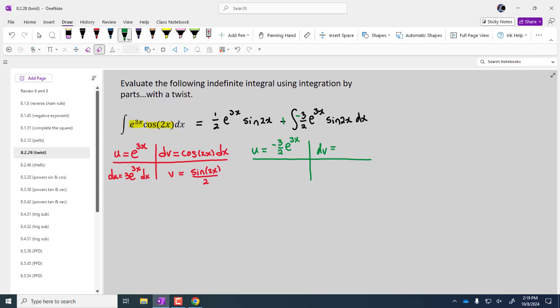So dv is the other part of the integrand, so we're going to use sine 2x dx for dv. We'll differentiate over here to get du. So that will be minus 9/2 e to the 3x dx. And we integrate over here, so we'll get minus cosine 2x divided by 2. Everyone okay with that?